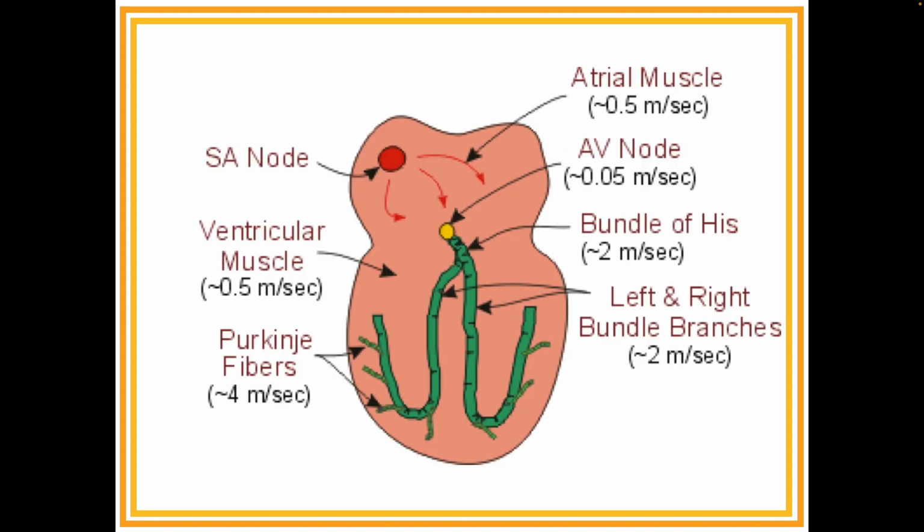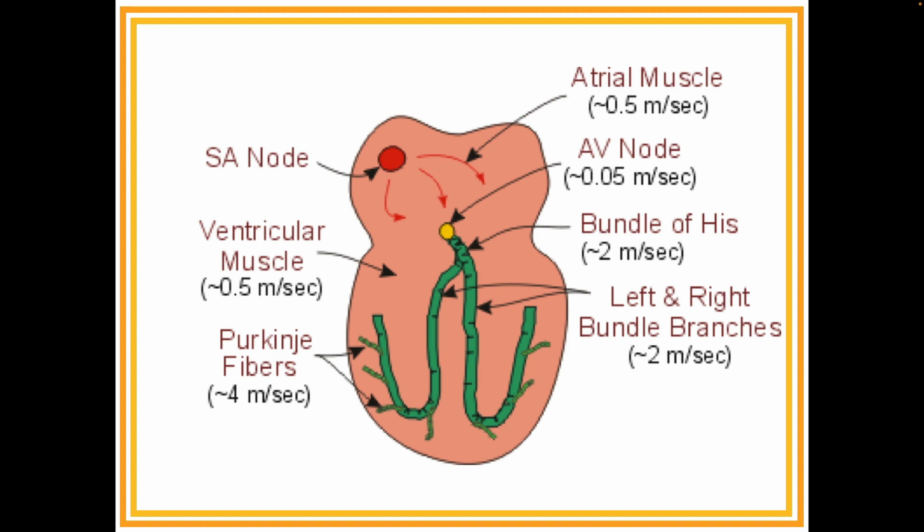The absolute numbers are meaningless in this class, but I just want to give you a sense of how quickly things are traveling. Within the muscle itself, that's off of the conduction system, it's 0.5 meters per second. And then the AV node, you can see how it slows down there. The ventricular muscle and atrial muscle are off, not on, the conduction system.